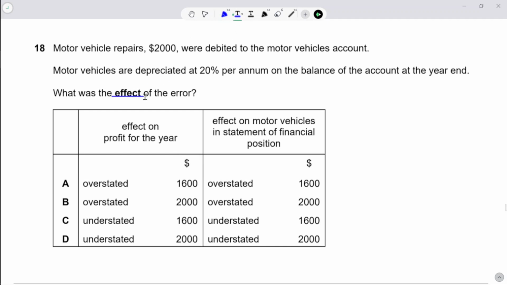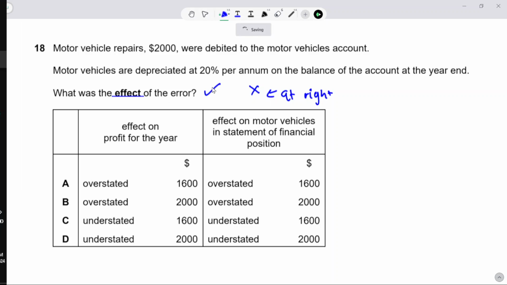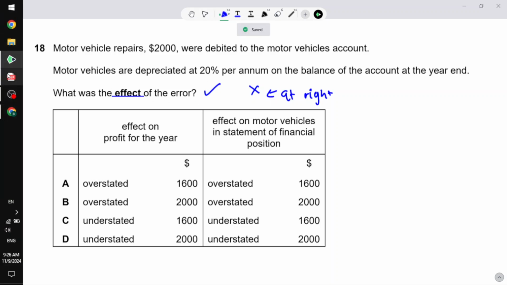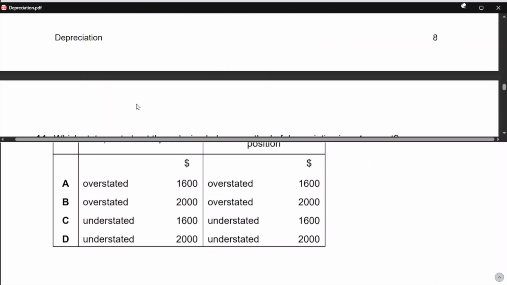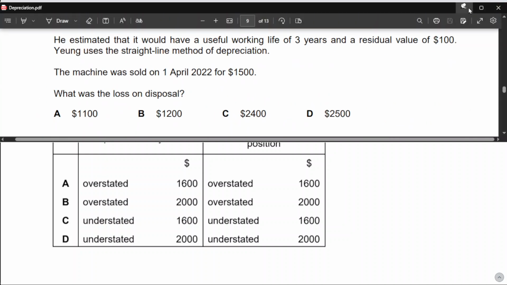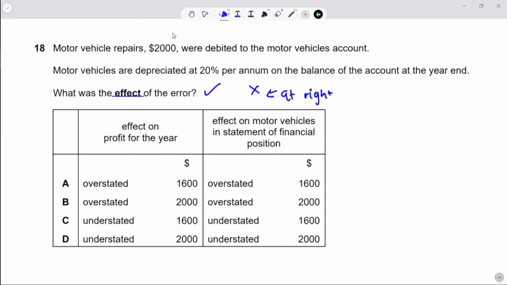What's the effect? So yeah. Effect so towards the arrow. So let me see. So this one's the arrow.